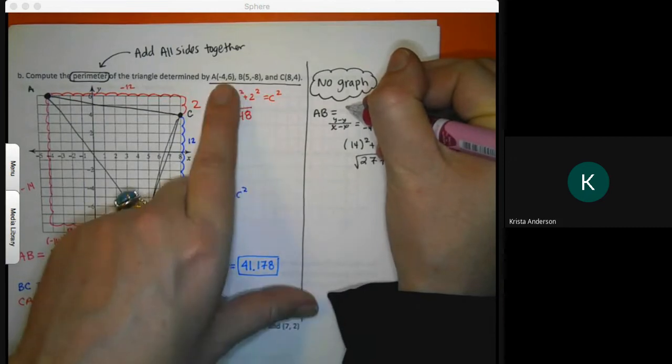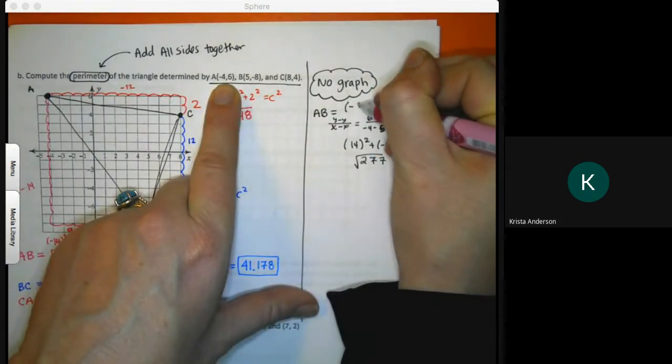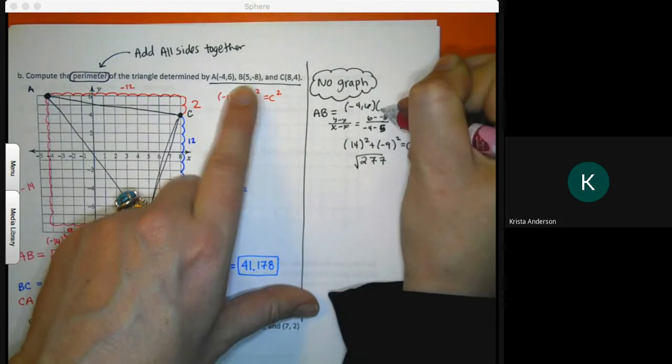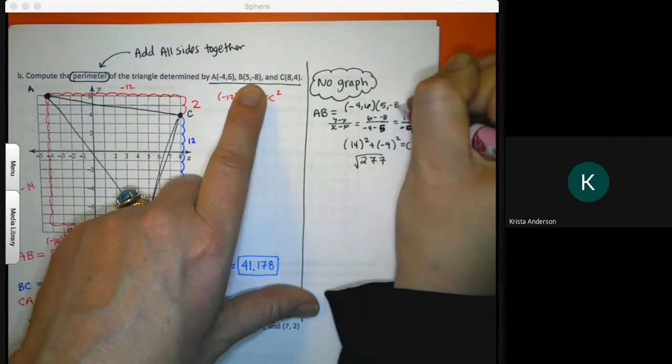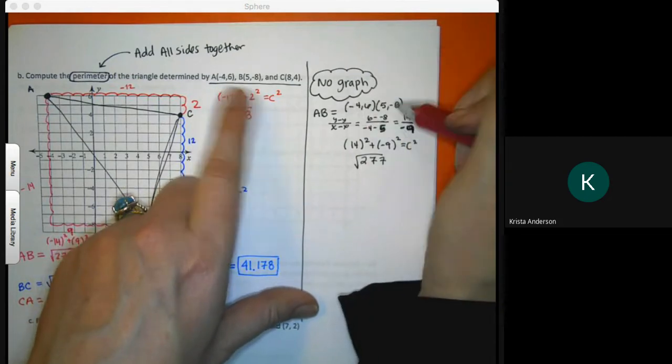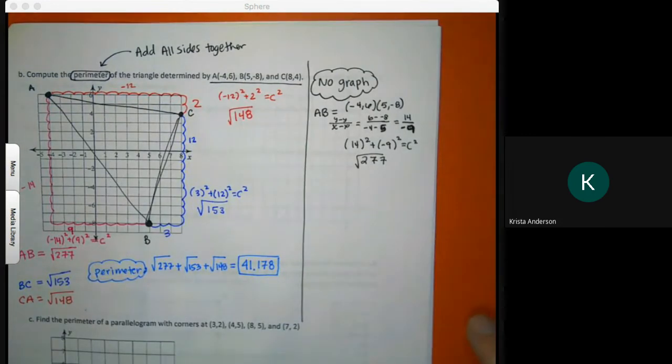I can write the points if it helps. That was A to B. Those are the 2 points I used.